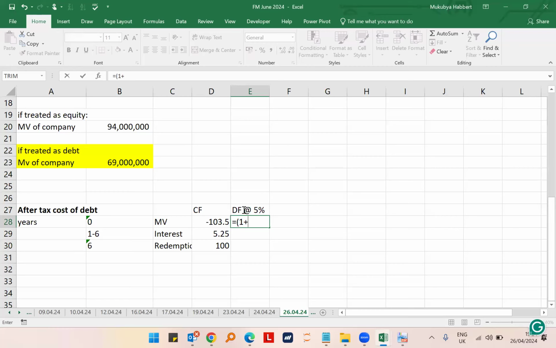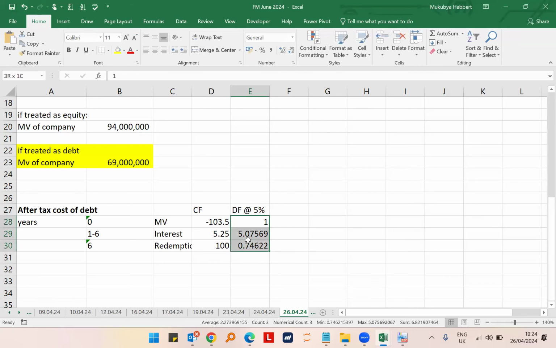So here the result is 1, you don't have to compute. Now year 1 to 6 is an annuity, which you can calculate, or you go to the formula sheet and get it. So 1 plus 5% power minus 6 divided by 5%. Then the rest is just 1 plus 5% power minus 6.